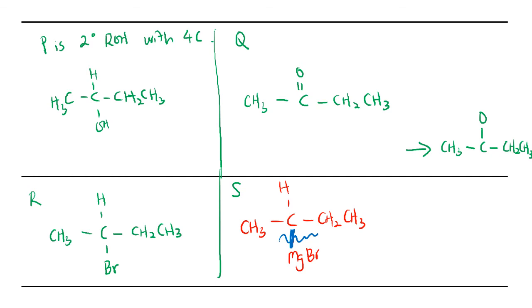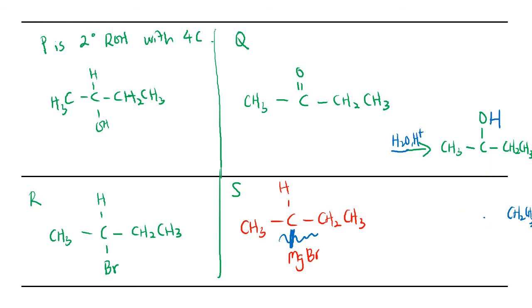The MgBr supposedly goes next to the oxygen, but later hydrolysis follows, so the MgBr will be replaced by the hydrogen. This carbon is now bonded to the carbon, and the carbon has one bond to hydrogen, one bond to CH2CH3, ethyl, and another bond to CH3.